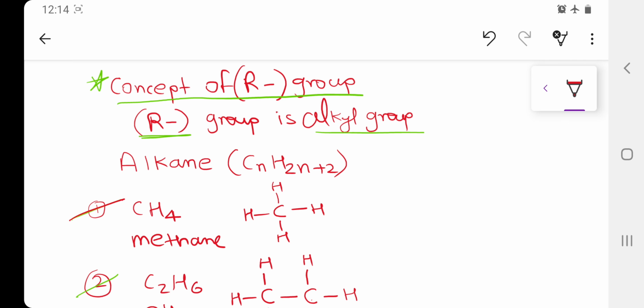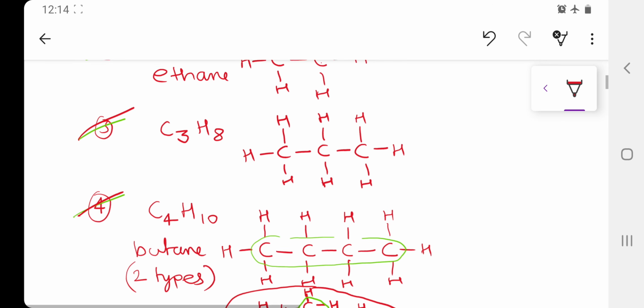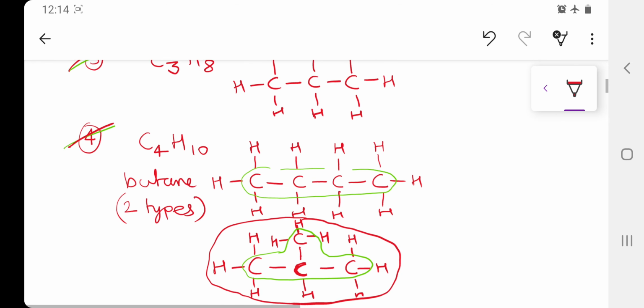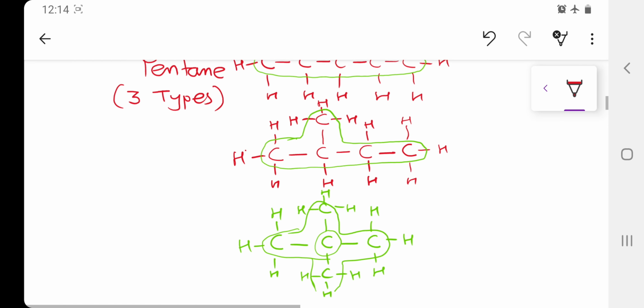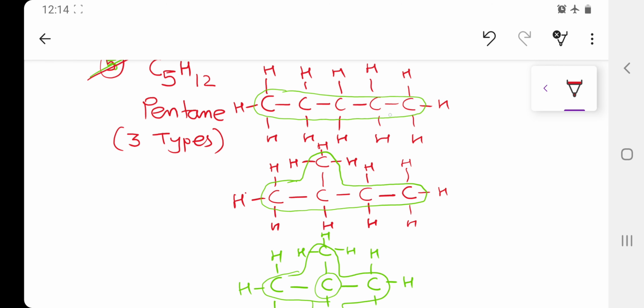For this purpose, we understood a few alkanes and their names. The first 4 alkanes we understood, then we also considered the fifth one. This alkane can be represented in different ways because of carbon catenation. It can link differently with other carbons. If 5 carbons link in a straight chain, it is called N-pentane.